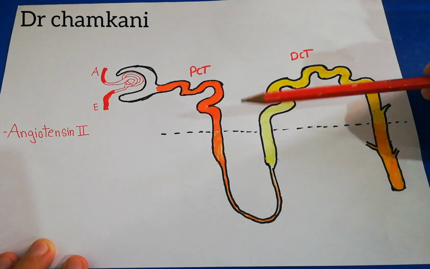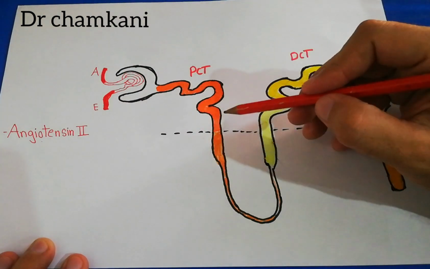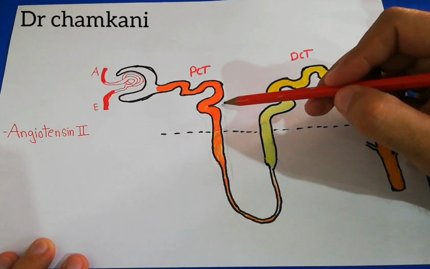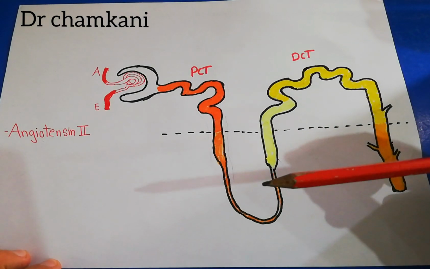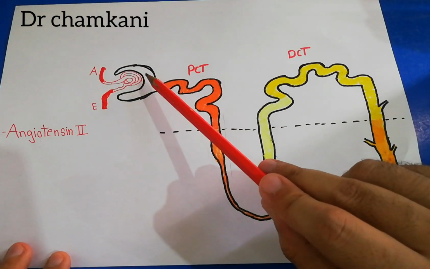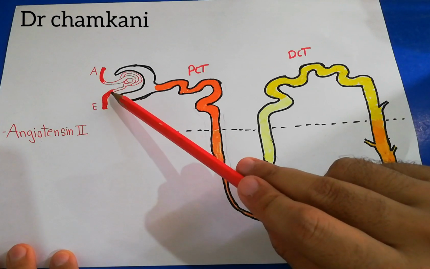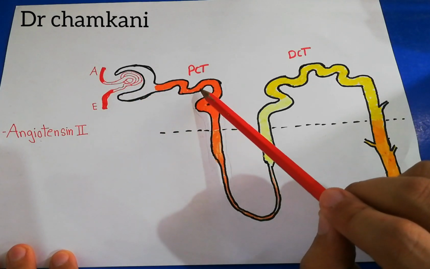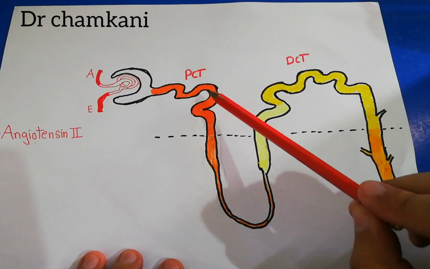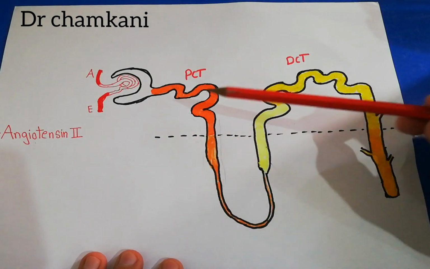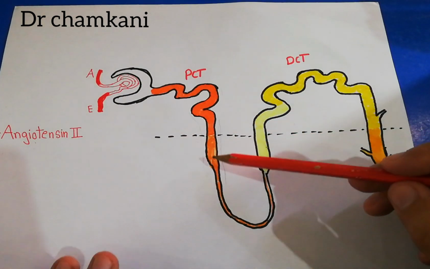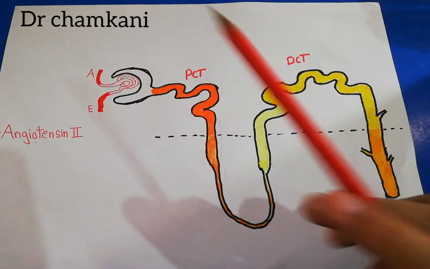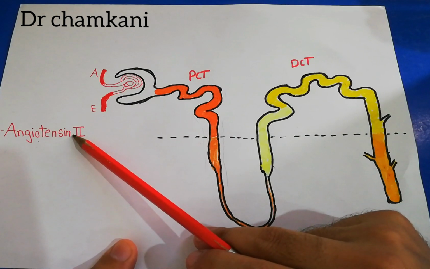And when the colloid osmotic pressure in the peritubular capillaries increases, it also helps in the reabsorption of sodium. Due to increased loss of fluid, proteins become concentrated in the blood vessels present in the peritubular area, the peritubular capillaries. So that is the increase in colloid osmotic pressure, and that increase helps in the reabsorption of sodium. That is another function of angiotensin 2.